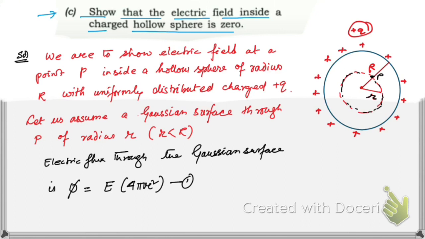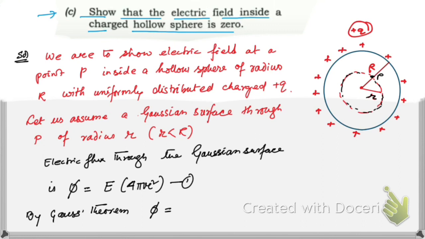Now here you see, by Gauss theorem, electric flux through a surface enclosing charge.